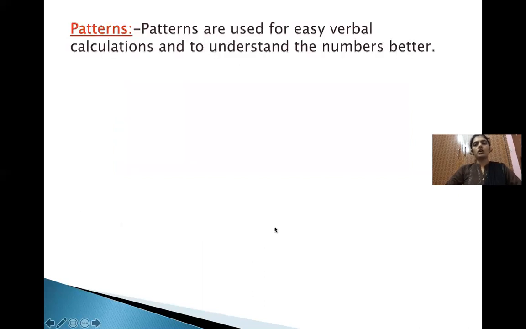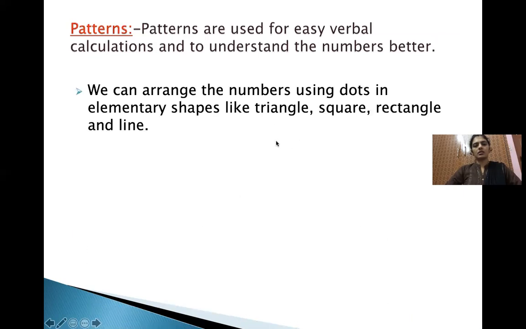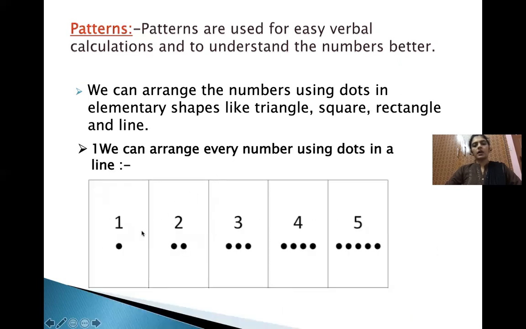Now come to patterns. We use patterns to make our calculation simple and to understand the numbers. We can arrange numbers using dots in different shapes like triangle, square, rectangle and a line. We can form a line by using any number.